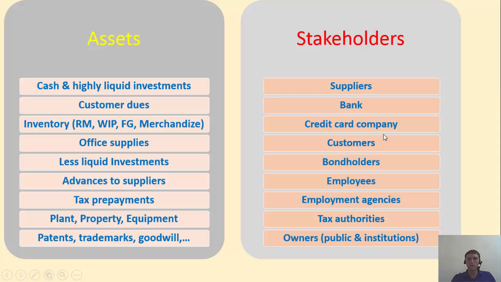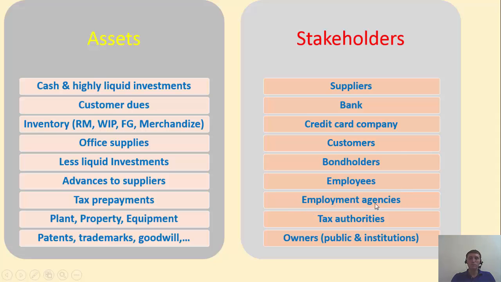The credit card company, again, has basically loaned the firm money, and that money has to be paid back. Customers, if they have paid in advance and haven't received any goods or services yet. Bondholders, again, these are basically creditors of the firm. Employees who have worked for the firm and haven't received money for that work yet.